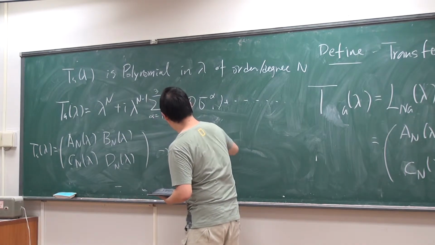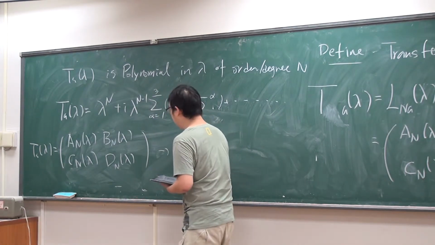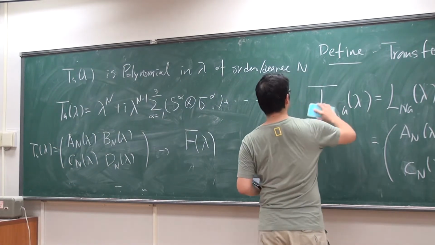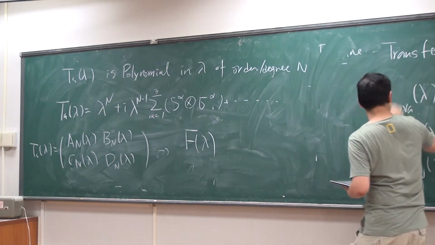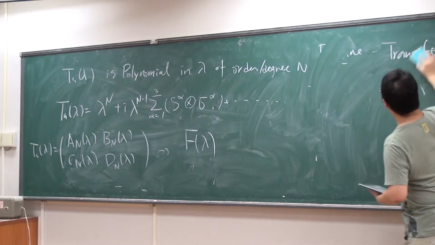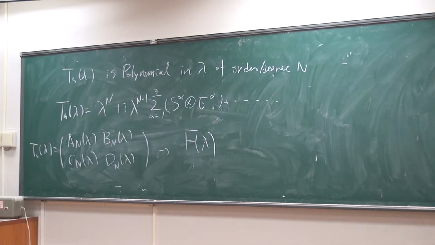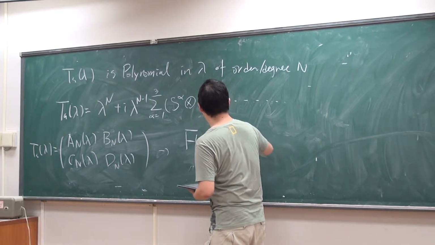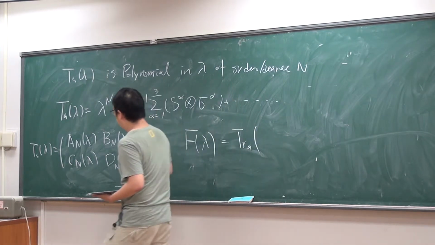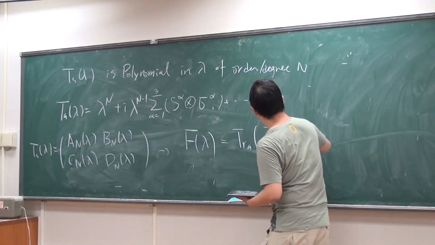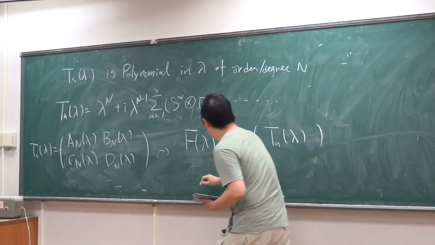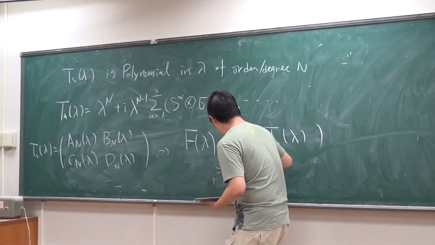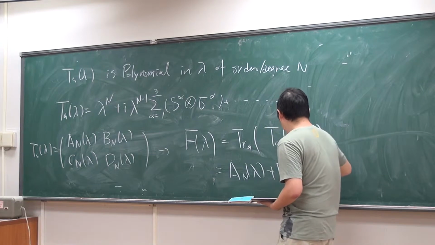We define another quantity, which is going to be a generating function for all the conserved charges in our system. It is simply given by the trace of the transfer matrix over the auxiliary space, that is, t(lambda) equals A(lambda) plus D(lambda).